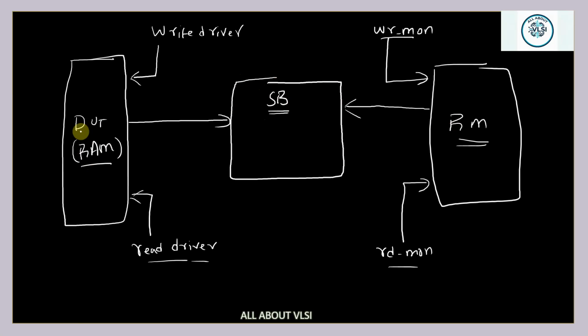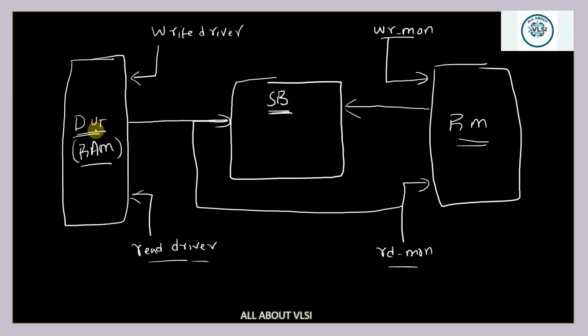Now the data which we get from the DUT, we are not directly giving to the scoreboard. The scoreboard and DUT do not have a direct connection like this. The read monitor collects the information from our design and gives it to my scoreboard. That is how we collect the information from the DUT and give it to the scoreboard.